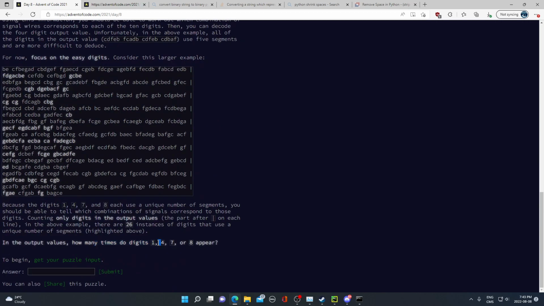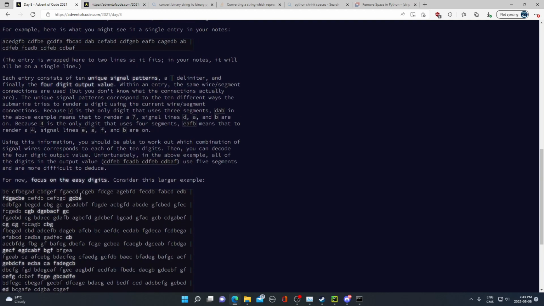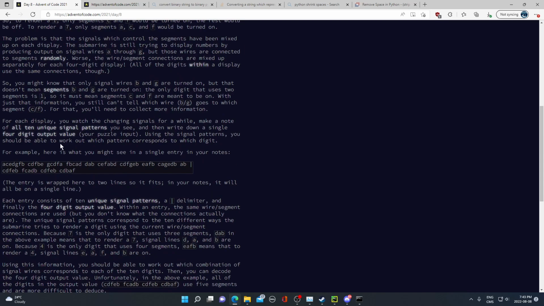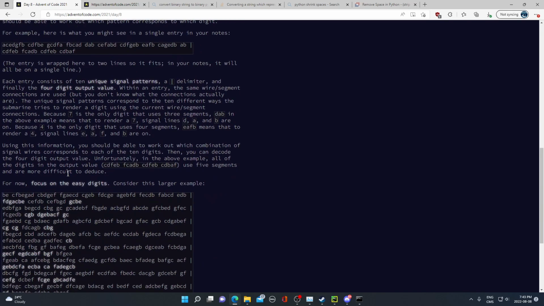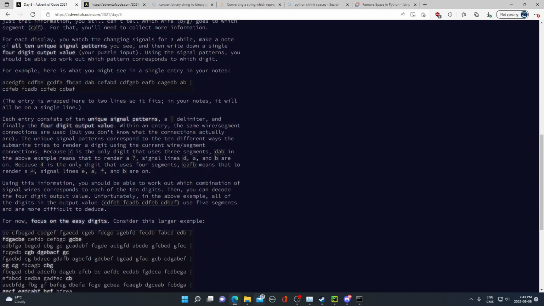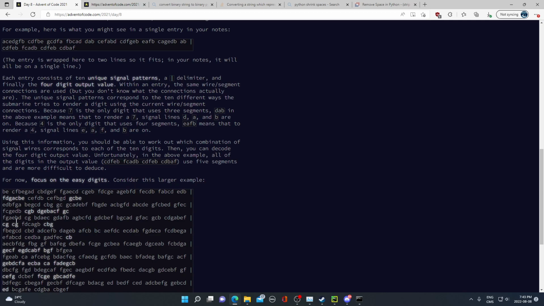How many times do the digits 1, 4, 7, or 8 appear? What? Output values? But they're not even the same. Oh, they are the same. Hold on. CG is 1. CG is also 1.